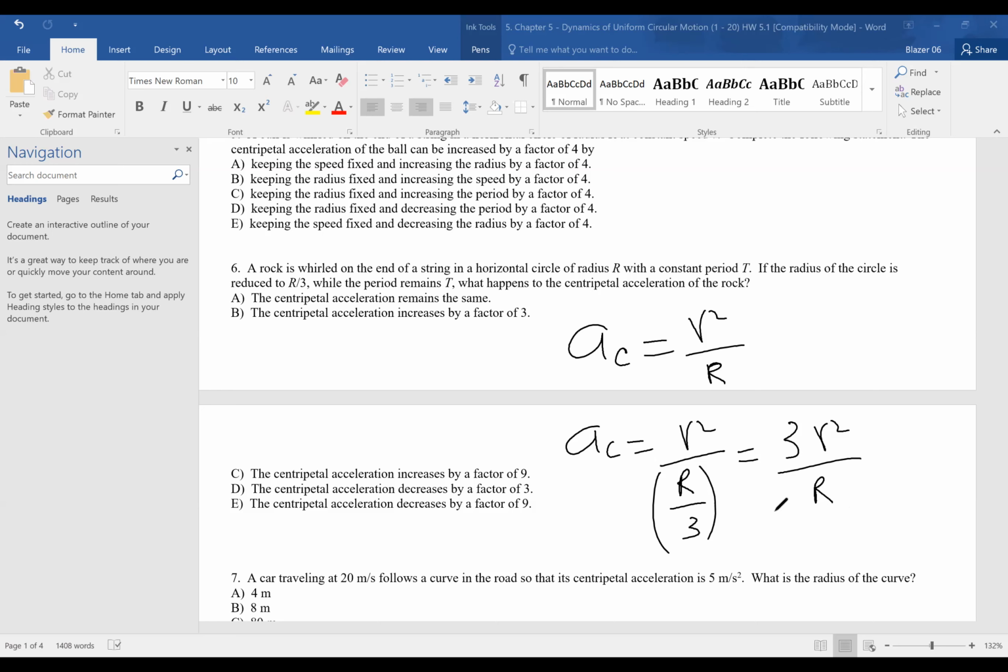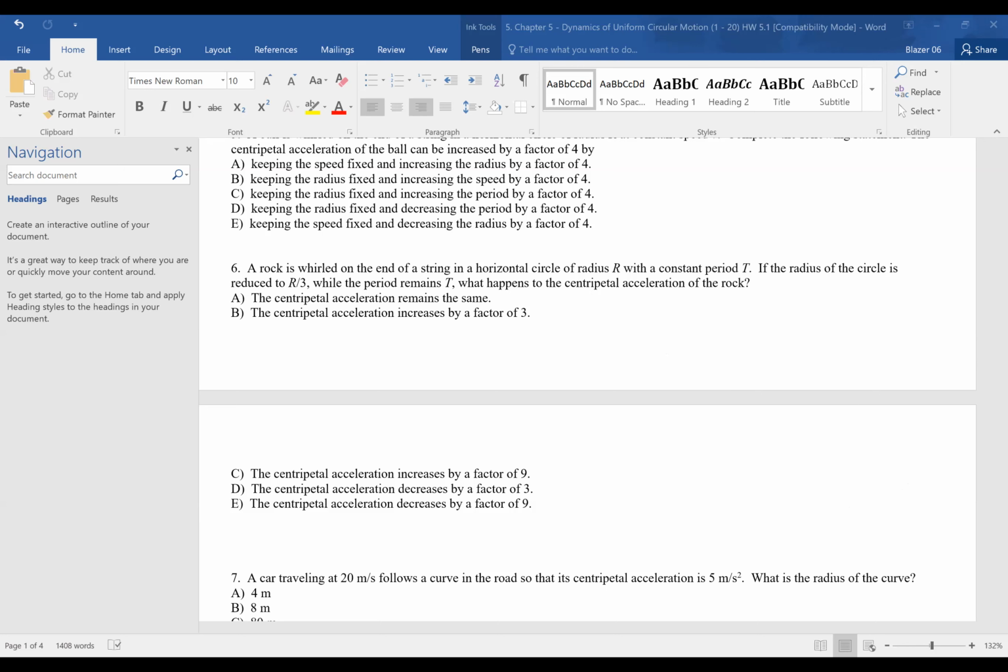We saw that. Let me just show you again. So I want you to see that picture. Right here. Okay. We said, what happens when the radius is reduced?